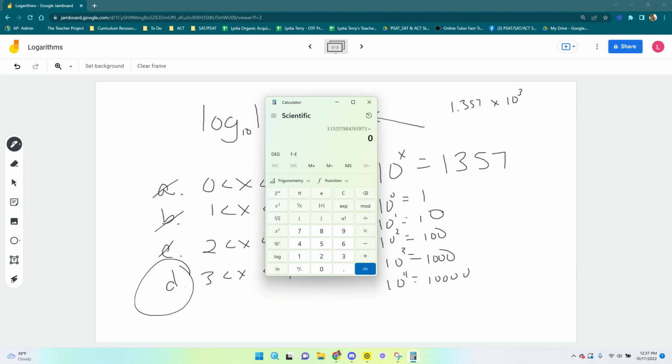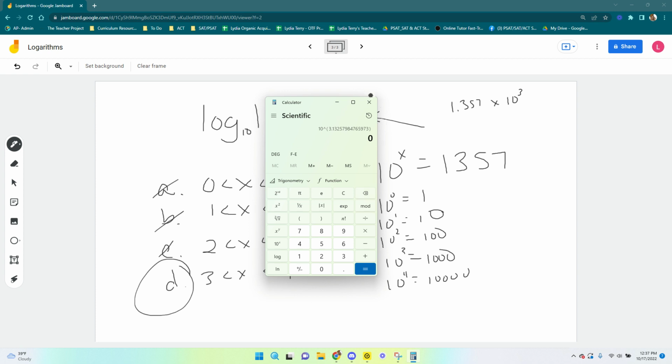Okay, so clear. 10 to the 1357. See how that works? 10 to the 3.1325, whatever, will approximately be 1,357.